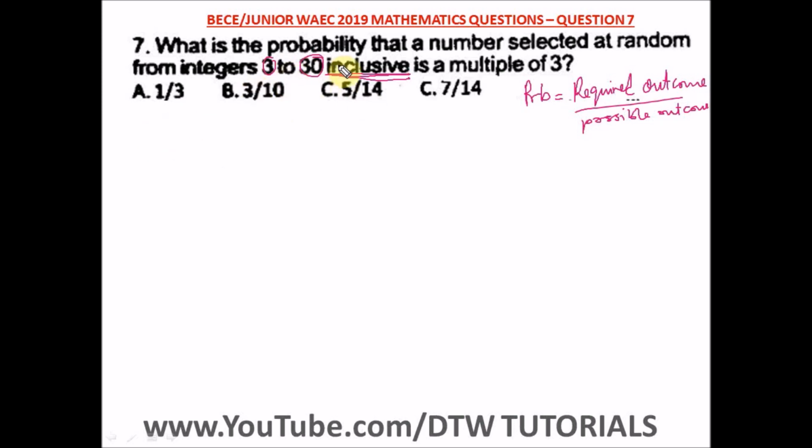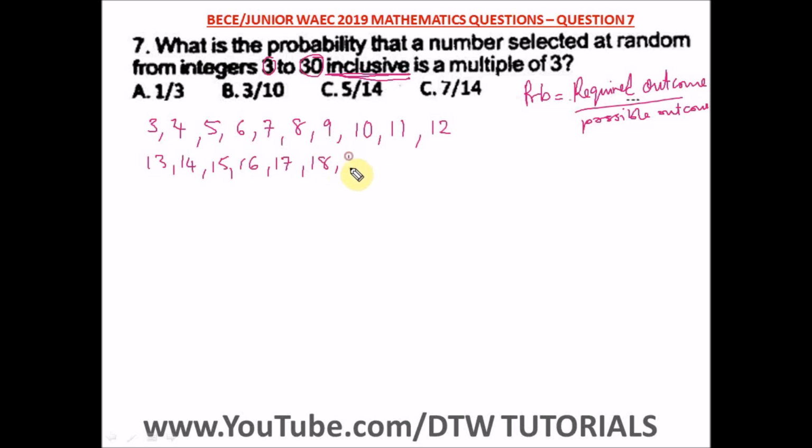So we have from 3, and since it says inclusive, we're going to add 3. We have 3, we have 4. We have to write down our numbers to 30: 6, 7, 8, 9, 10, 11, 12, 13, 14, 15, 16, 17, 18, 19, 20, 21, 22, 23, 24, 25, 26, 27, 28, 29, and 30.